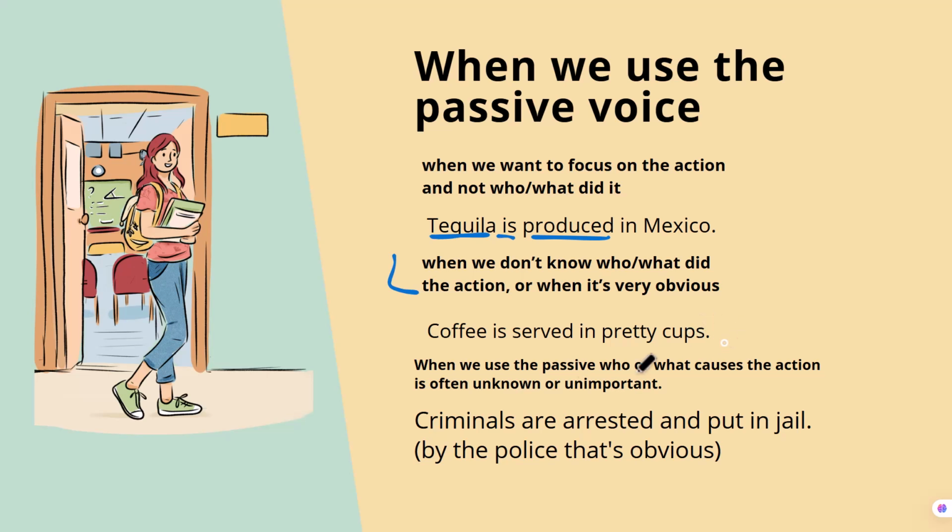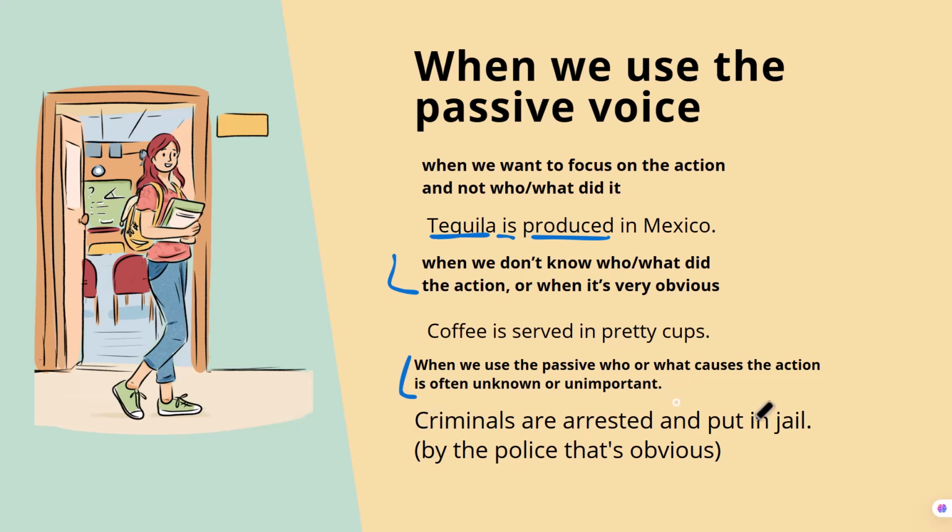Next reason. When we use the passive, who or what causes the action is often unknown or unimportant. So, criminals are arrested and put in jail. That's kind of obvious, right? By the police or by some responsible citizen. But the important thing here is that criminals are arrested and put away, put in jail.